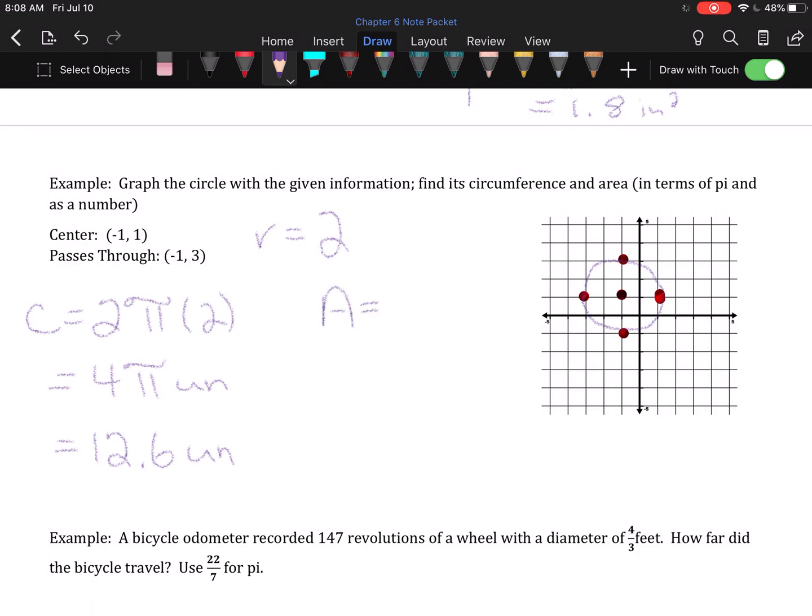The area of the circle will be pi times the radius squared, 2 squared. That is 4 pi units, which means it's also 12.6 units, and these are units squared, their areas. This is the only circle, by the way, where circumference and area are the same thing. Only when the radius is 2 do you get the same value.